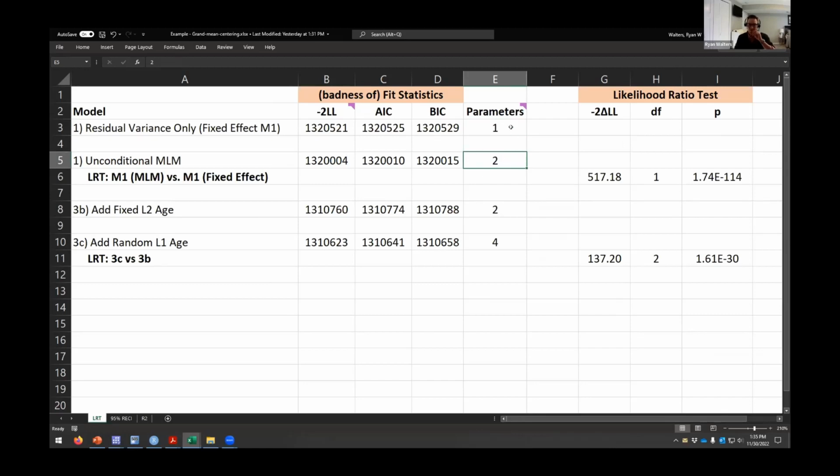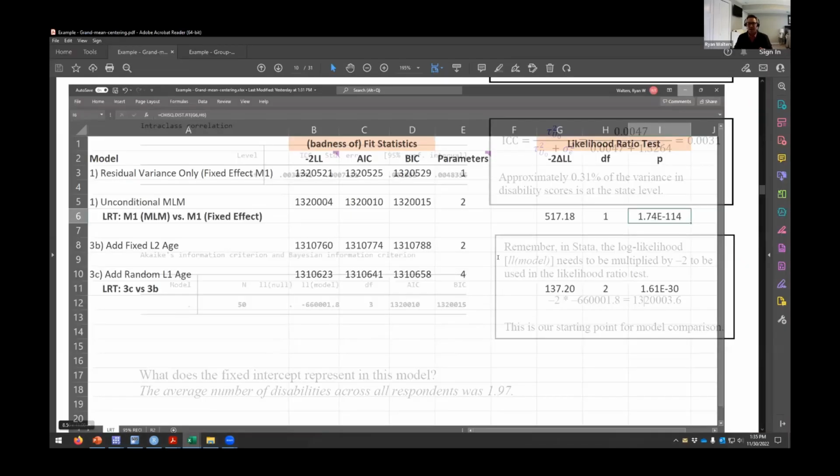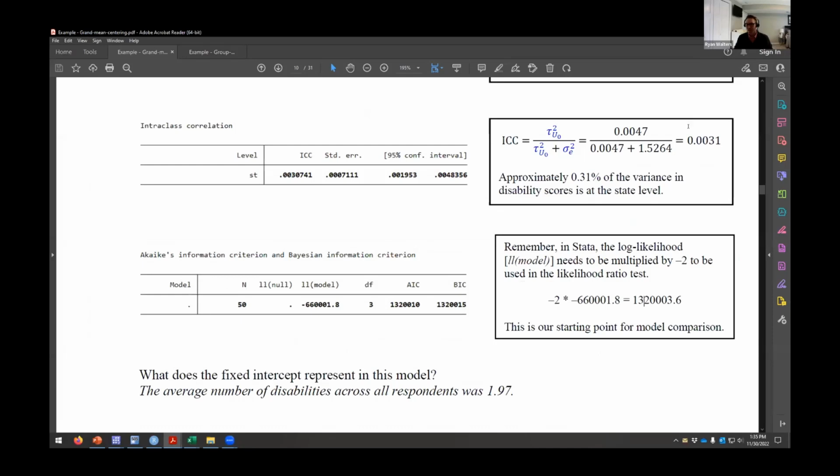So degrees of freedom is 2 minus 1. The difference in the negative 2 log likelihoods is 517. 1 degree of freedom. P-value is very small. So even though that intraclass correlation is really small, we're finding that including the random intercept variance fits the data significantly statistically better.